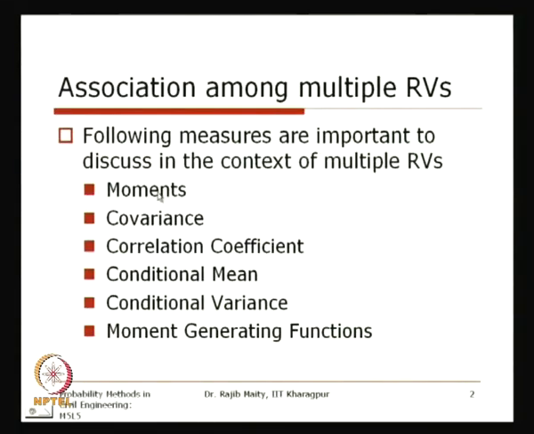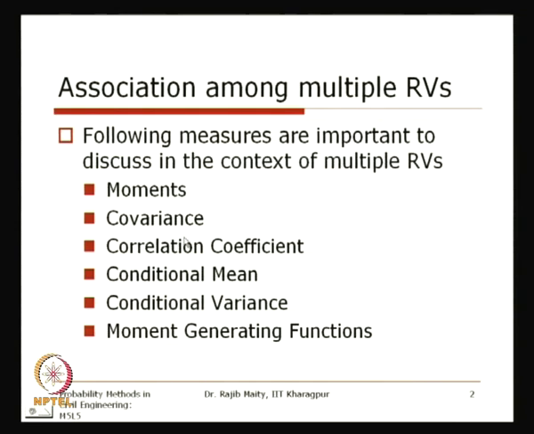So we will go through their properties one after another, the moments. One part will be expectation, where the expected values of different random variables in the multiple random variable will be considered.